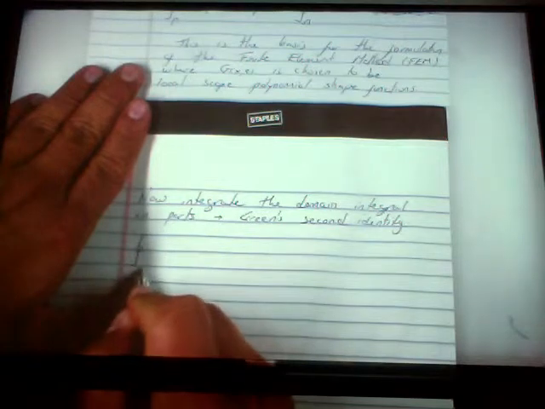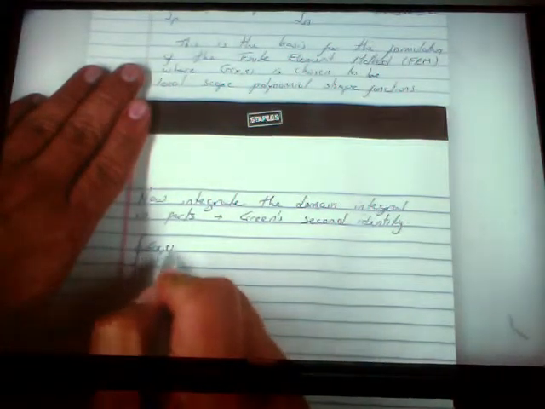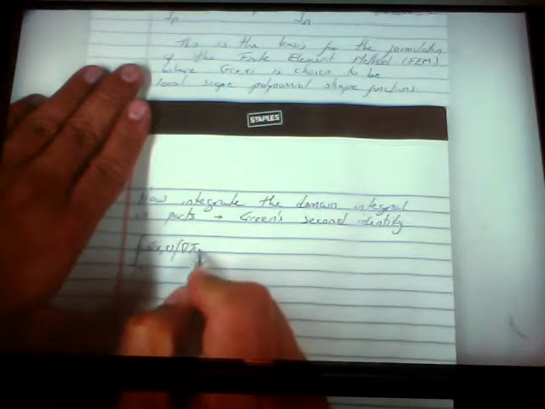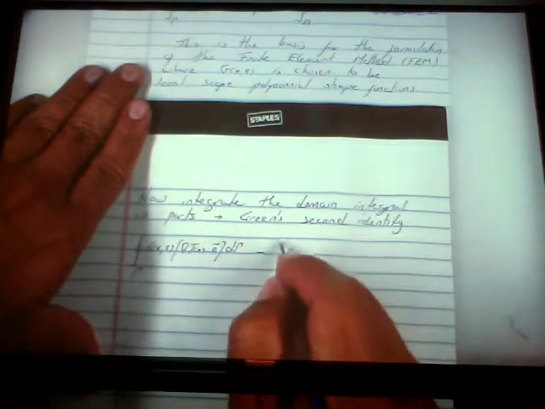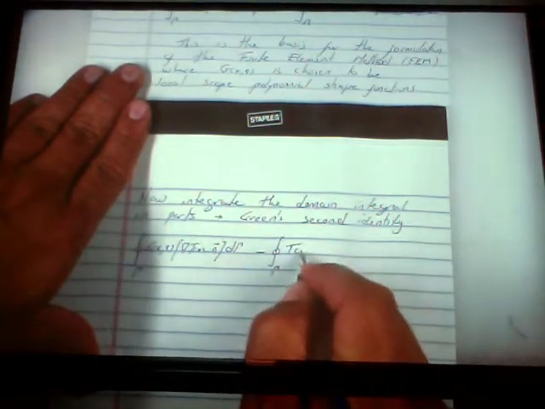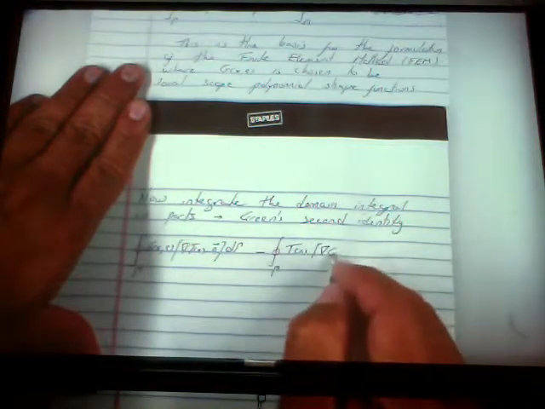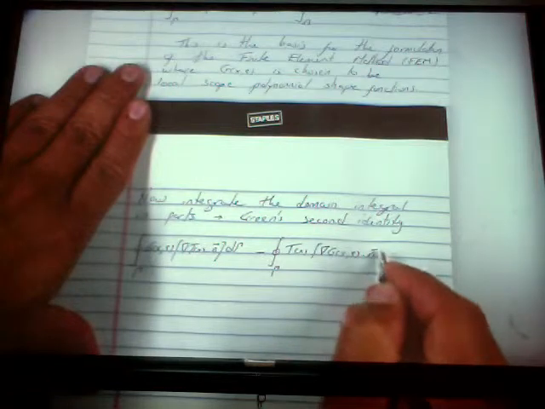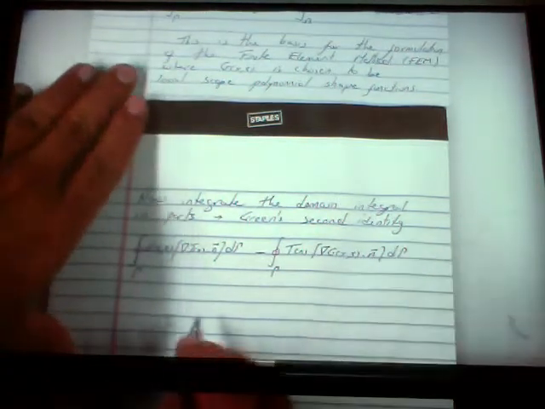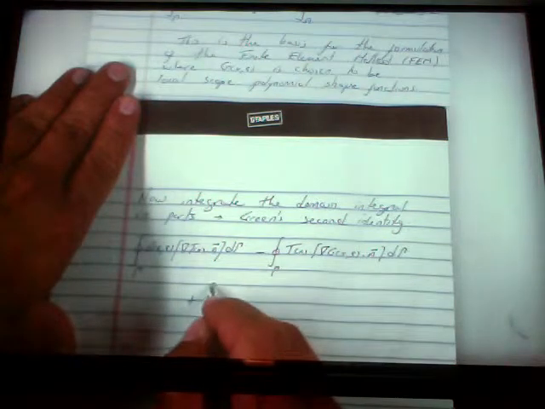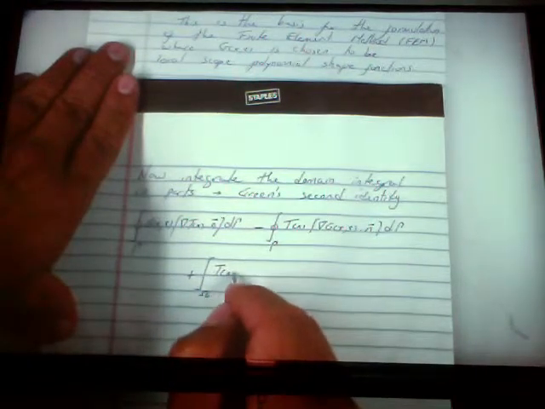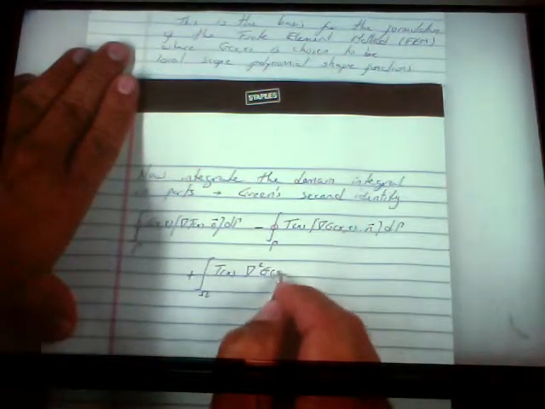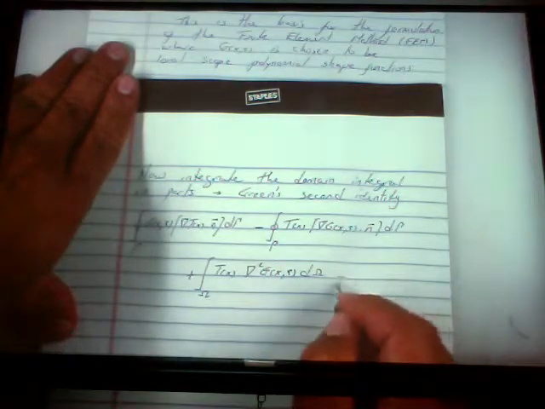So basically, this one remains: G times the grad of T dot N d gamma, minus T times the grad of G dot N d gamma, plus the integral over the domain of T times the Laplacian of G d omega is equal to 0.